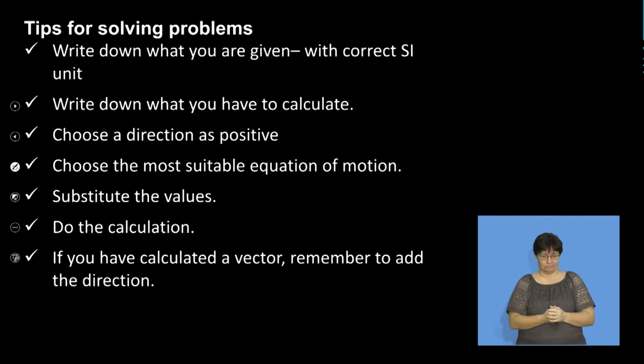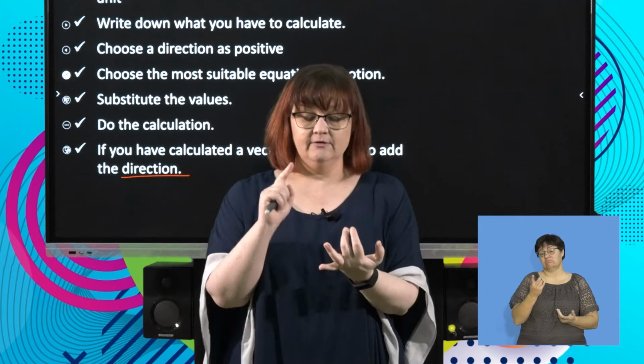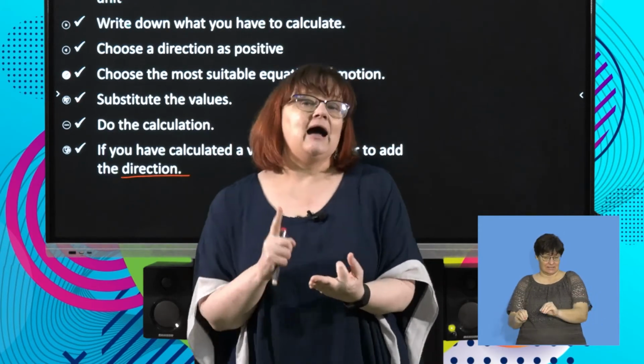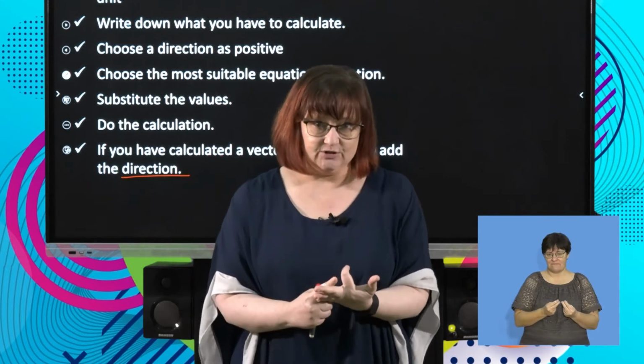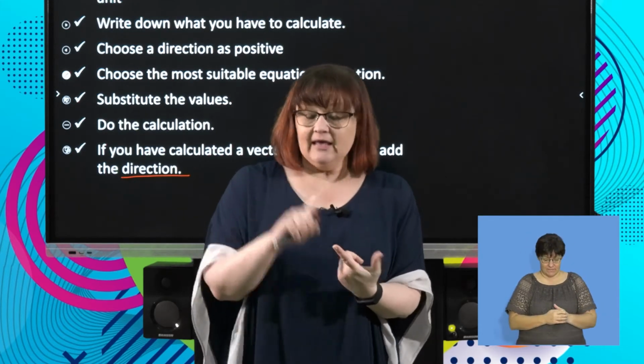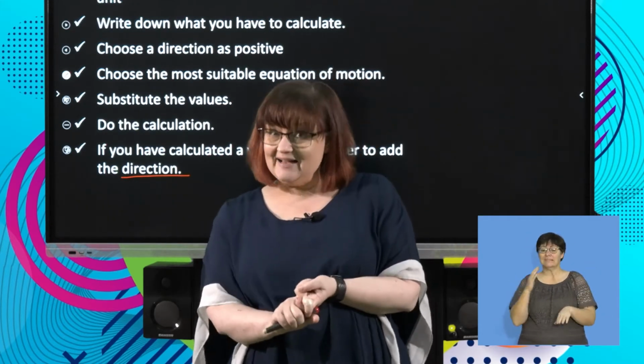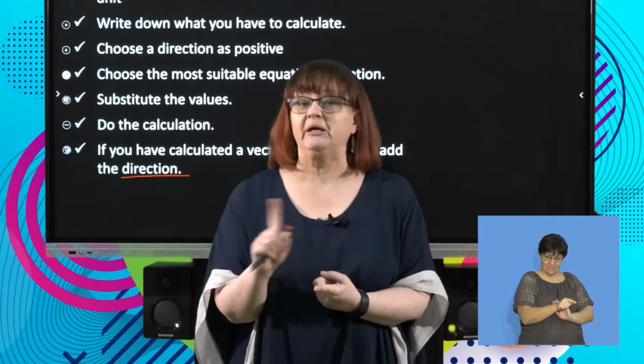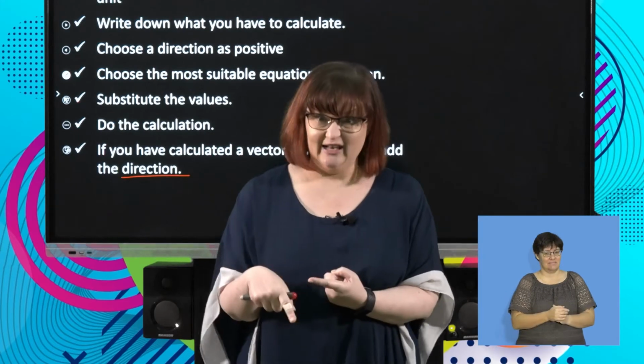Then remember, big NB. Direction. If you have calculated a vector, in other words, velocity, acceleration, or displacement, I must have a direction, okay? If you've calculated time and you got a negative answer, you've made a mistake. Start again, okay?